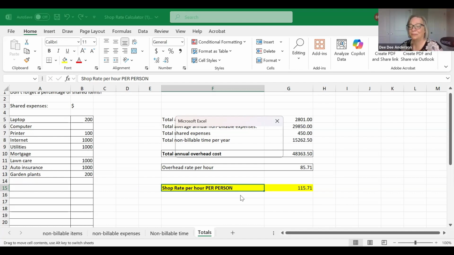I never tell people how much I charge per hour. I tell them I'm going to do this job and it's going to cost you $500. And they can say yes or no. I don't tell them how long it's going to take me. I tell them how much the end cost is going to be.